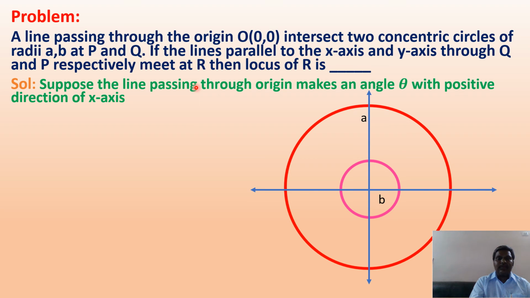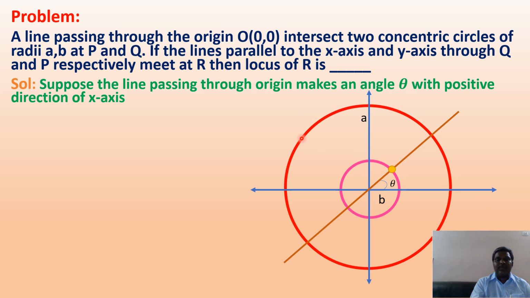Now this is my line passing through the origin, and that makes an angle theta with the positive direction of the x-axis. Now what is the duty of my line? My line intersects both the circles. This is the first circle, this is the second circle. First circle at this point and second circle at this point. Understand?